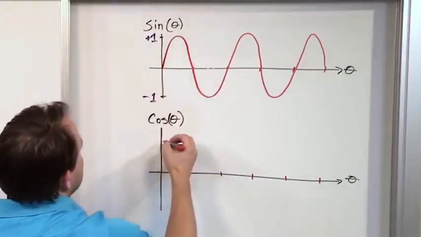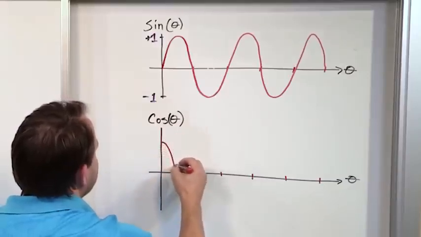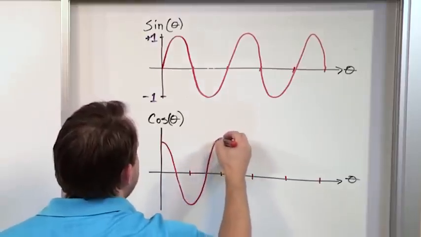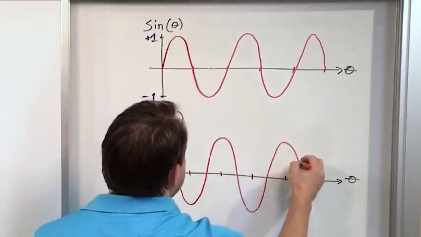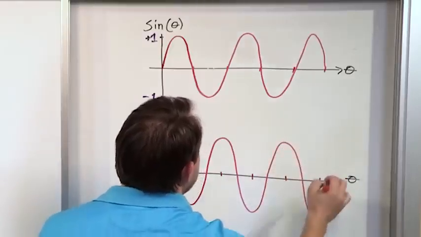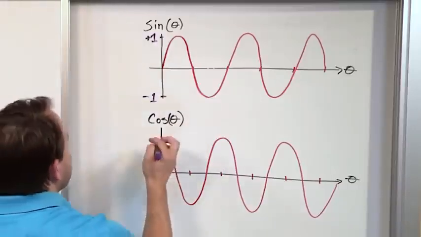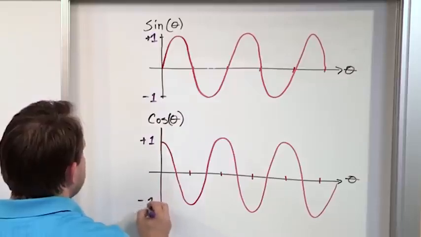Cosines start right here. So cosine would come down here like this, and then it would be up like that, reach a peak like that. Something like that. When you look at this here, the maximum that the cosine gets to is +1, and the minimum that it gets to over here is -1.